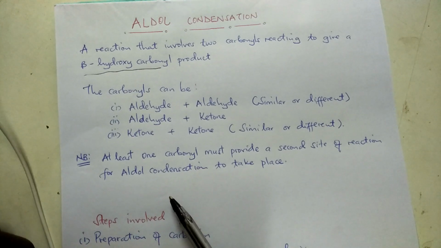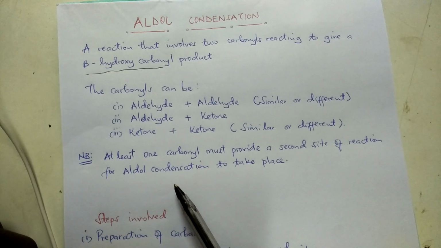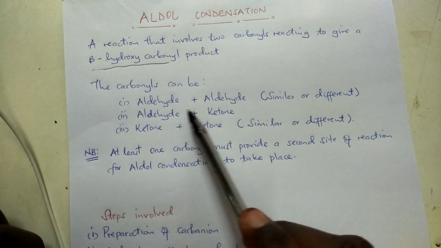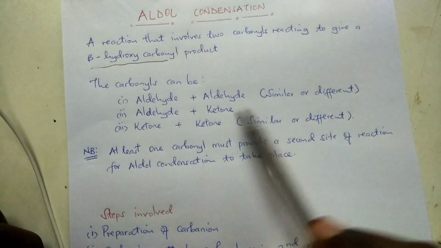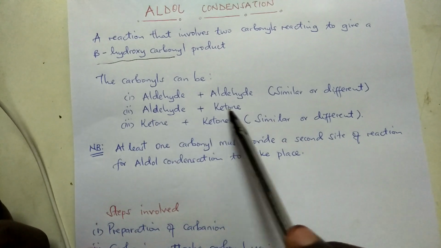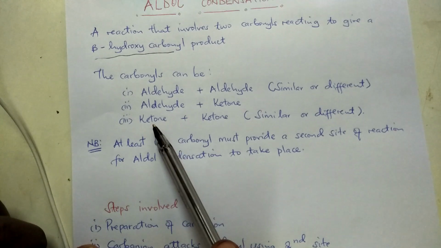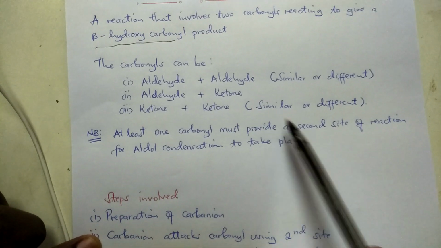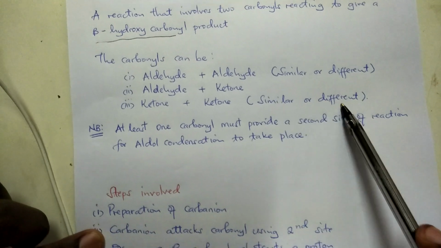So the two carbonyls can either be an aldehyde and another aldehyde, and the two can be similar or different. The carbonyls can also be an aldehyde and a ketone, and then we can also have a ketone and another ketone. But the two ketones can also be similar or different.